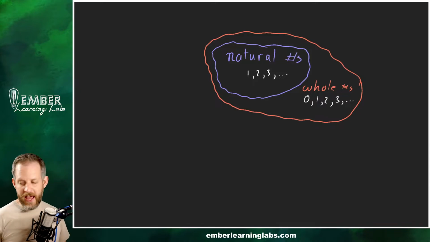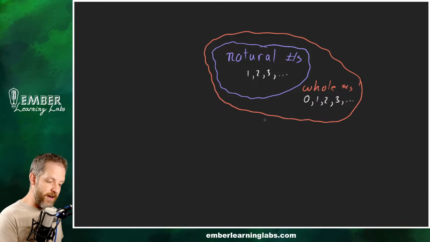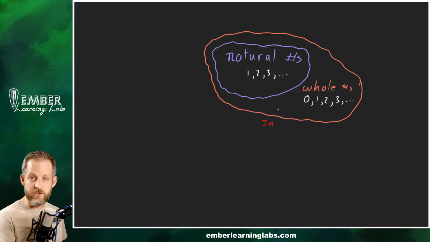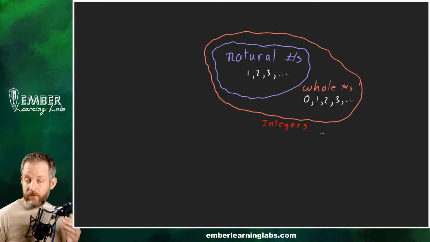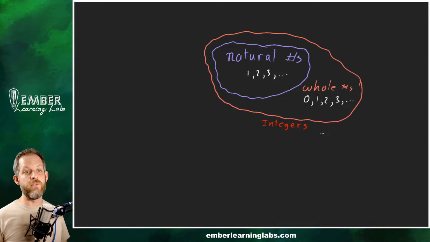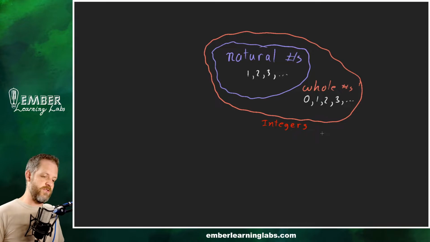Okay, so the next set on top of that are the integers. So what are integers? Hopefully in your pre-algebra course or other middle school classes, you learned about integers, because integers are the same as the whole numbers, right?